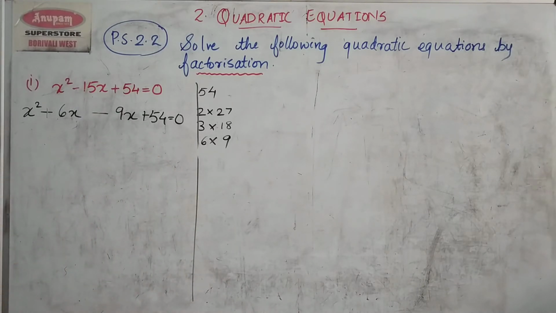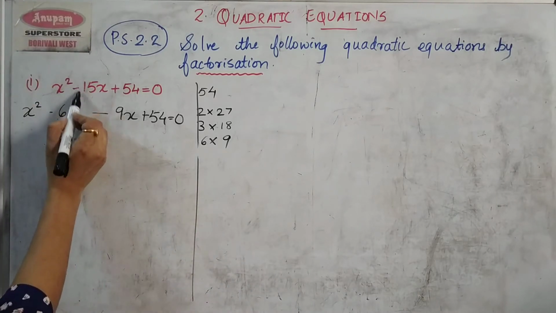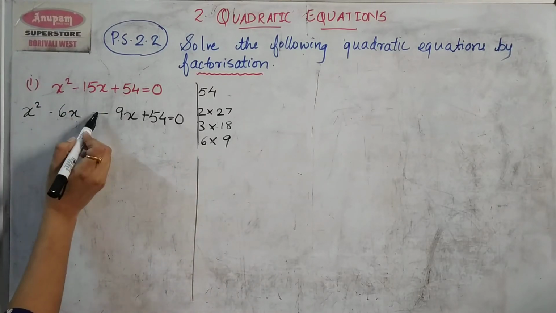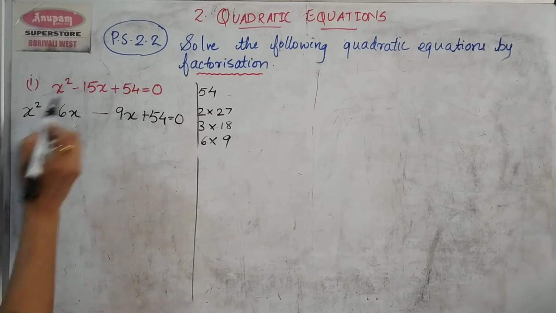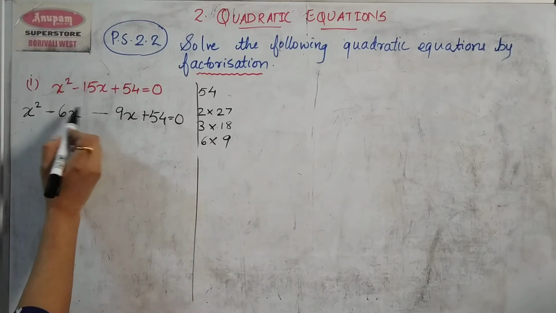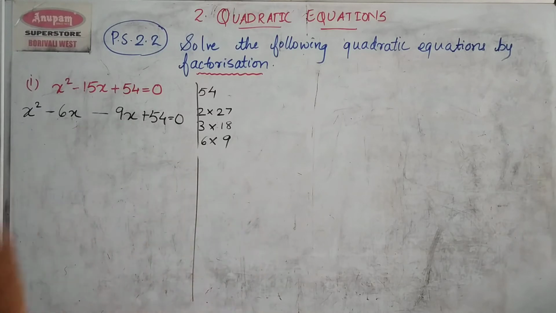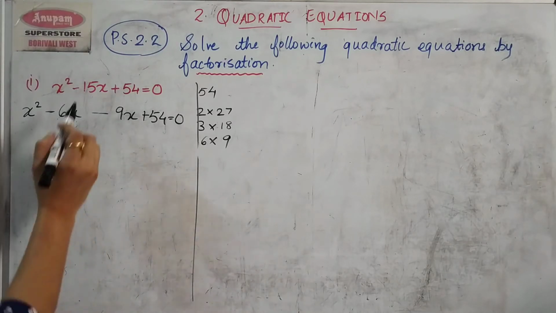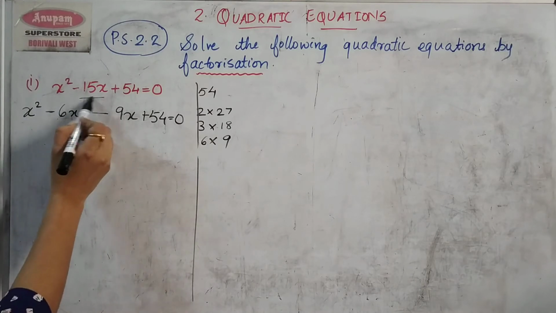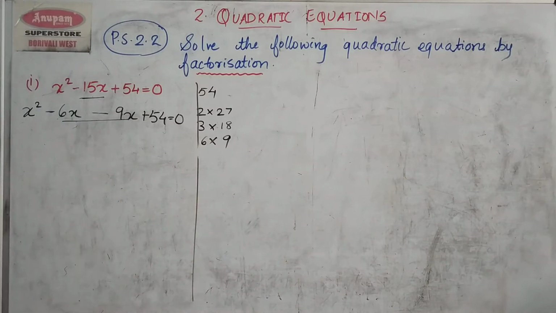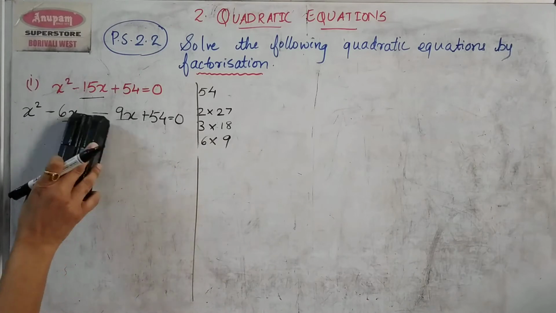So we have to put signs in such a way that we should get this answer. So minus 9 and minus 6 will give me minus 15, and 9 6s are 54. Minus into minus will give me plus. So in this way, I split this minus 15 into minus 6x and minus 9x.